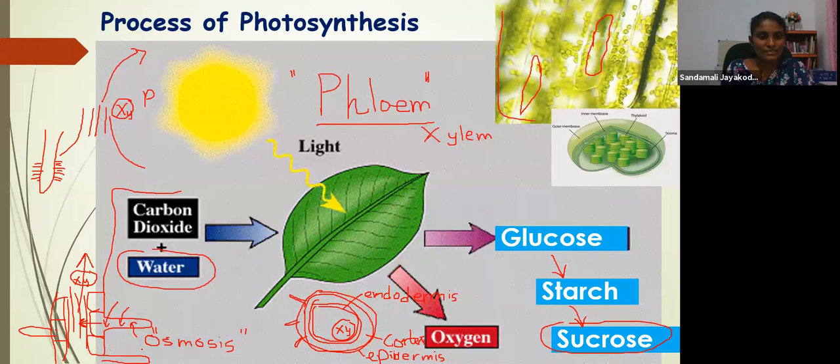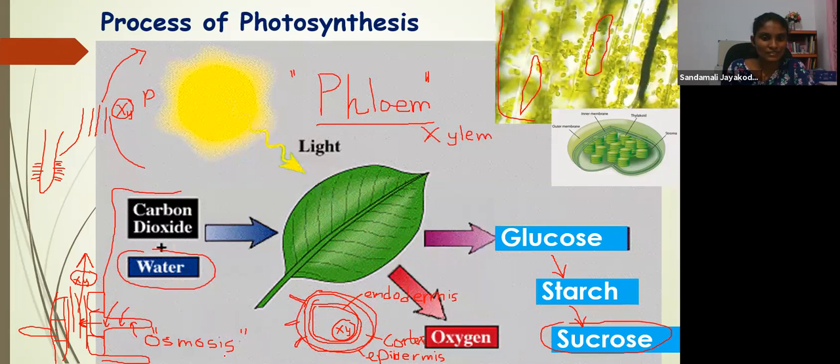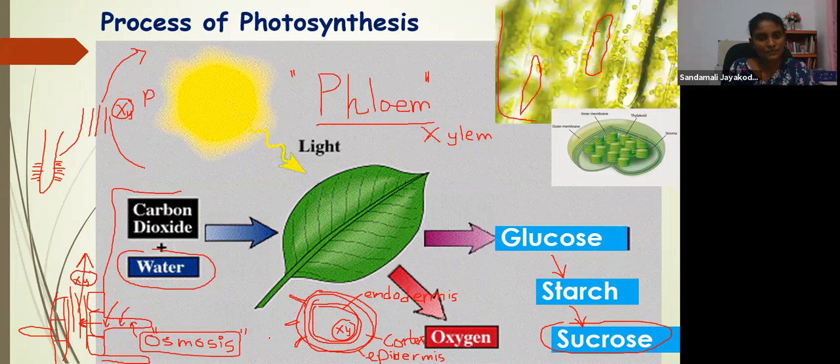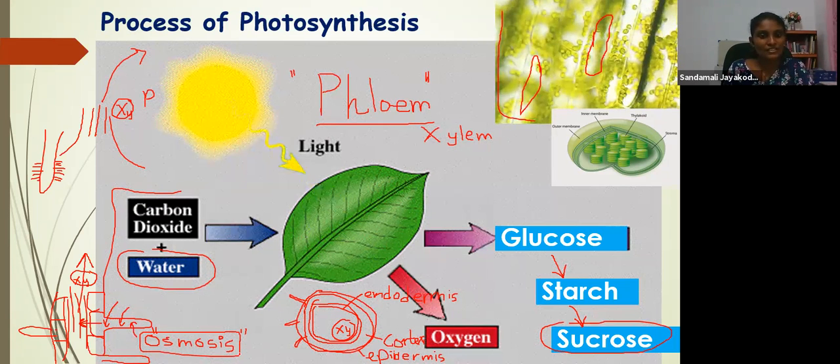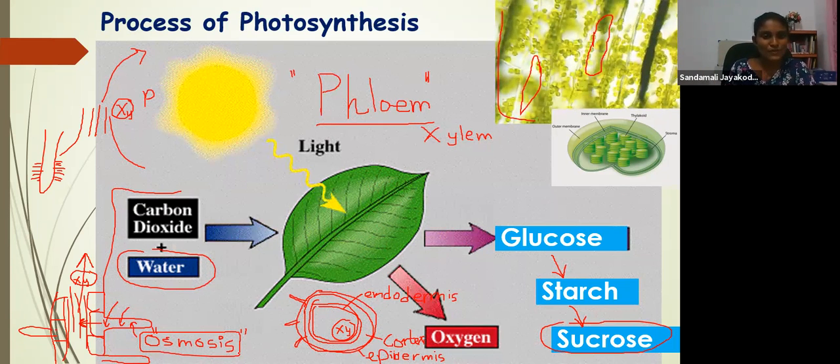So Minitu, what is the name of the special process of absorbing water into the plant from the soil? What is this special name we are giving to the way, the mechanism, of absorbing water?